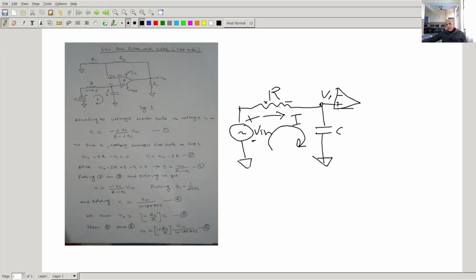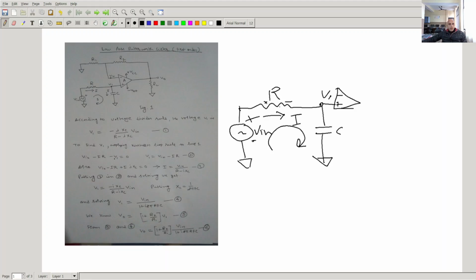So when the input impedance is very high, nearly zero current flows at this terminal, toward the operational amplifier. So we can ignore this current. So the loop rule is this, it is mentioned here.